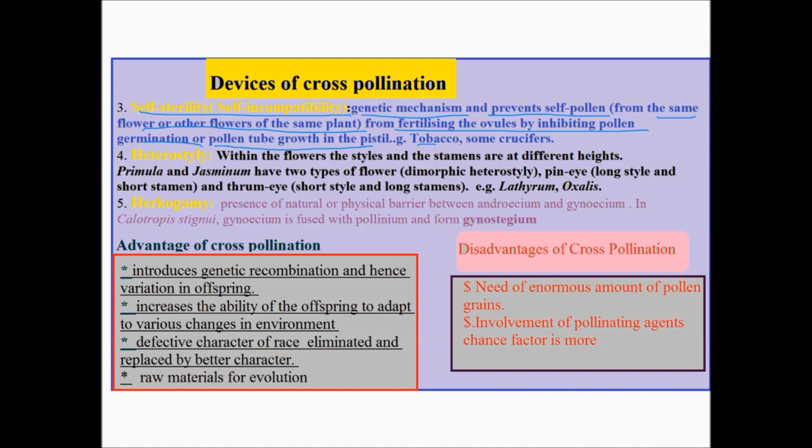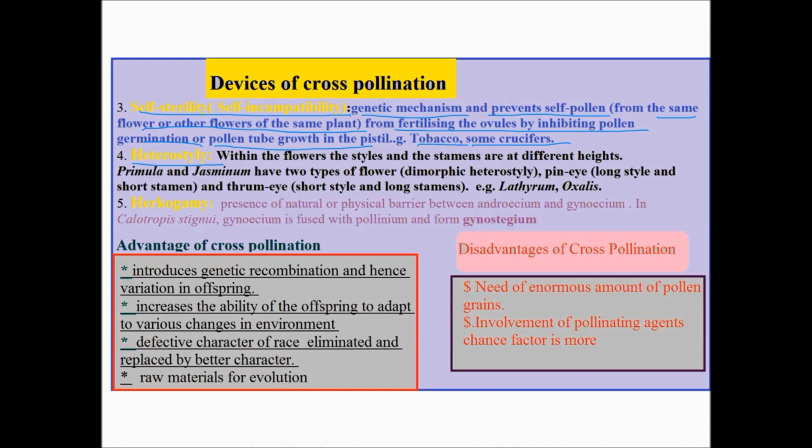It takes place in tobacco and some crucifer plants. Even though the flower is bisexual, with both male and female parts present, if they are self-incompatible, then there is only chance for cross pollination.